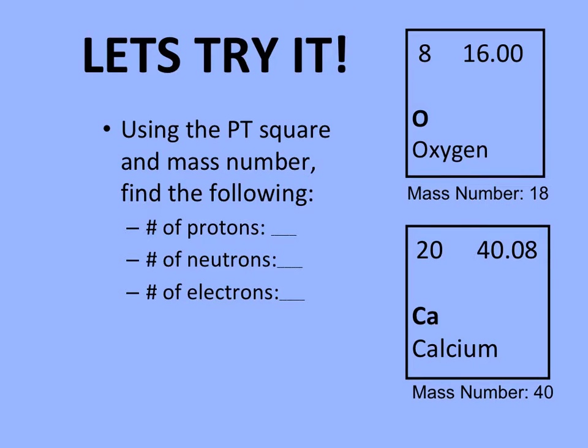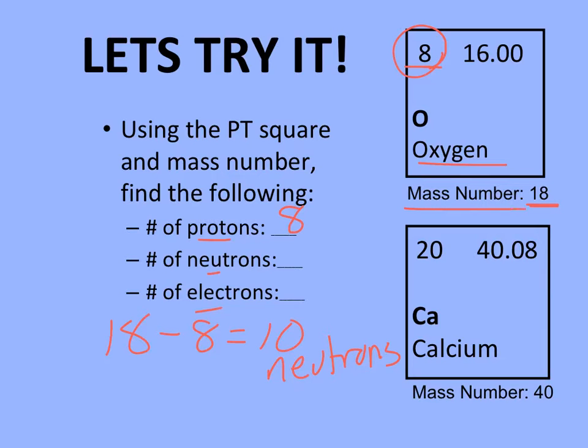Okay, so let's try a couple examples here. Using oxygen as our example, let's find the number of protons, neutrons, and electrons. It's easiest to start with the atomic number, which tells us the number of protons. And in this example, we have 8. Now, to find the number of neutrons, we remember we need to take the mass number, which is given to us, and we subtract the atomic number, and that will give us our number of neutrons.